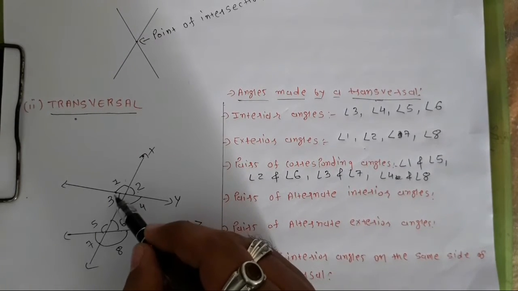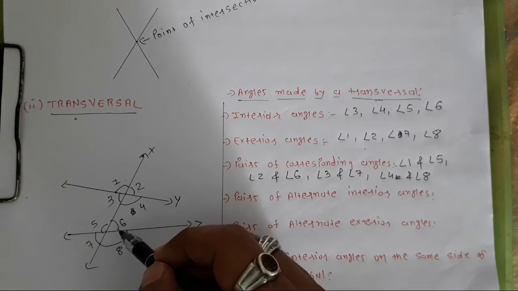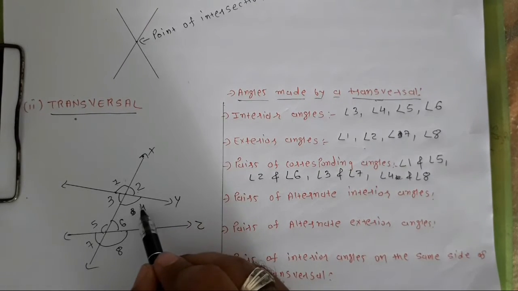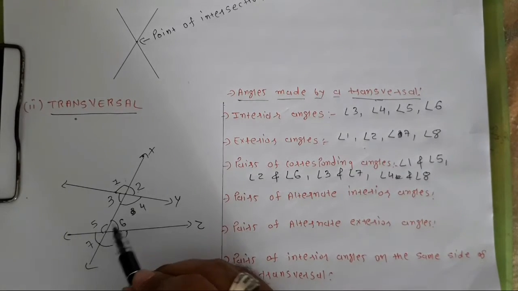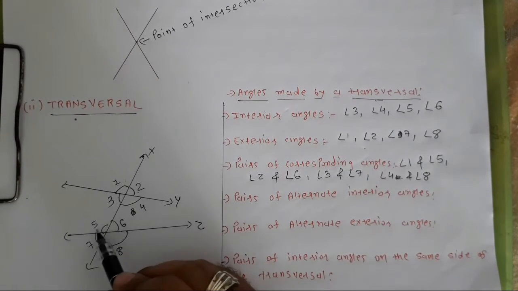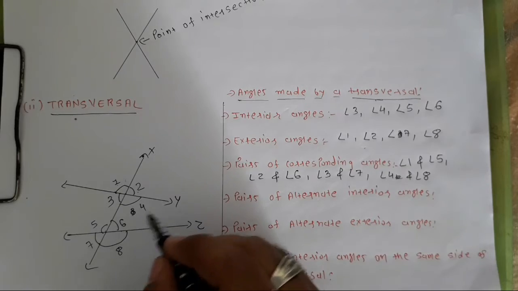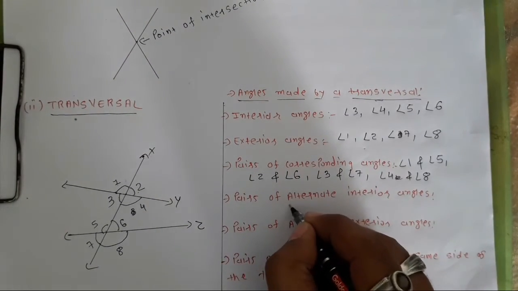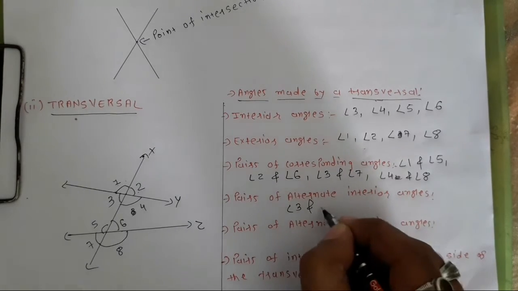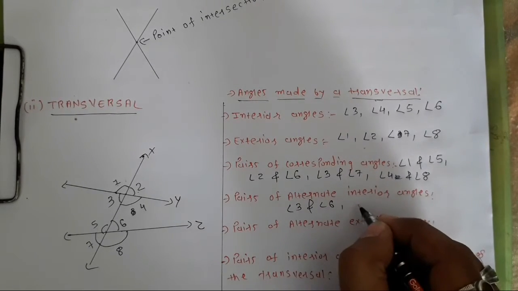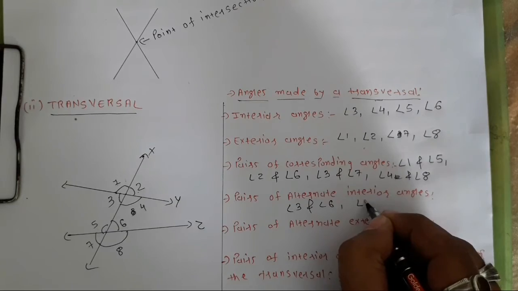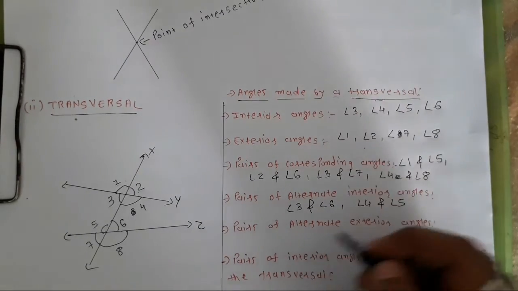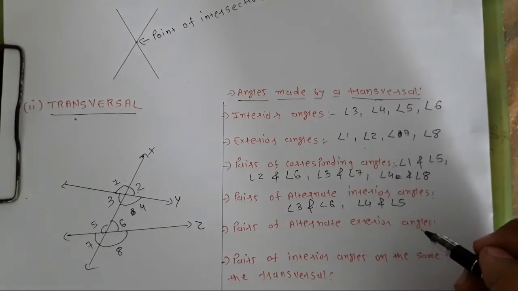Similarly, angle 4 and angle 5 are both alternate interior angles, opposite to each other, inside the lines. So here we write angle 3 and angle 6, and the next pair is angle 4 and angle 5.